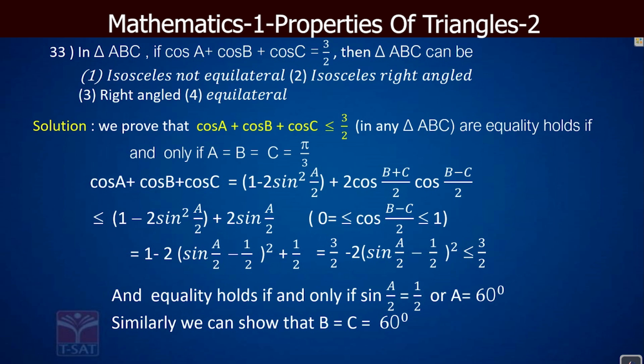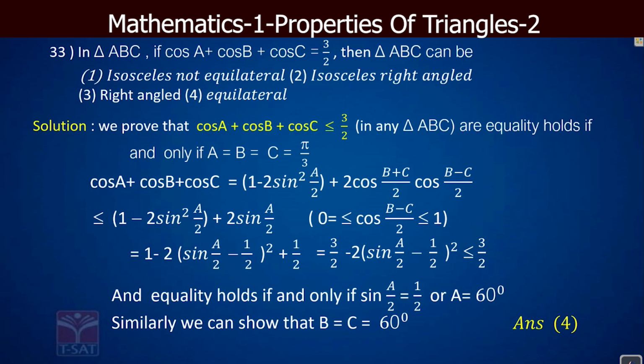So, what we have proved in general is that in triangle ABC, cos A plus cos B plus cos C is always less than or equal to 3 by 2. For this problem, in some textbooks and some teachers also, they give a very simple proof.